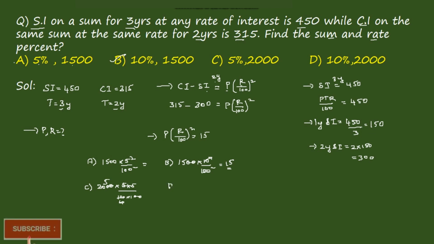Now option D. It is given as 2000 into 10 square, which is 10 into 10 by 100 into 100, right? The zeros get cancelled, which is equal to 20. So D cannot be there. Only option B will be satisfied. So the answer is option B.